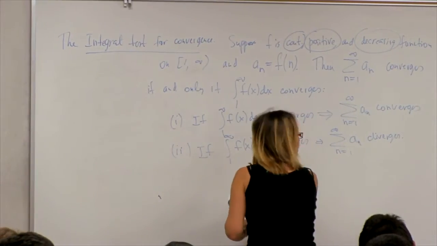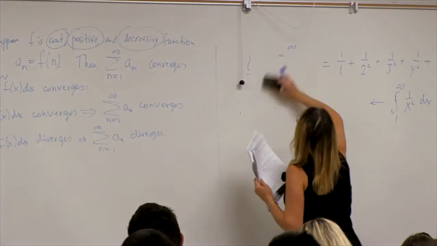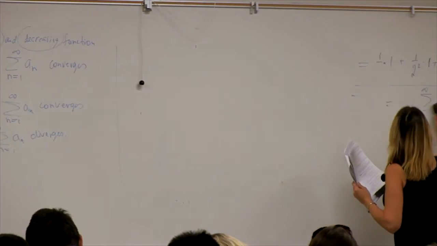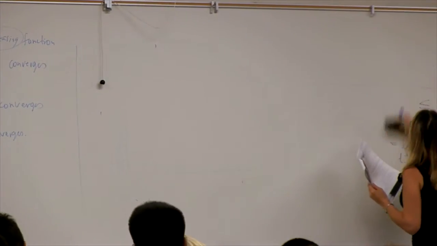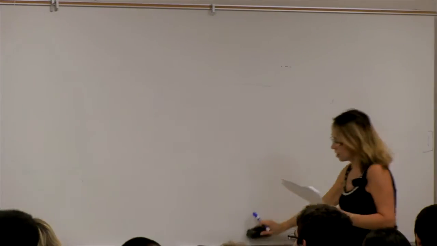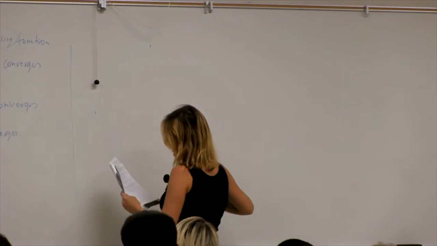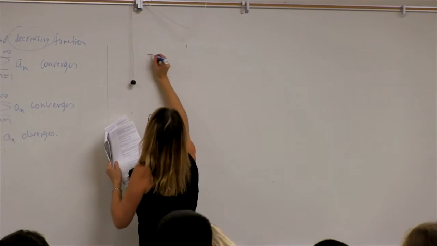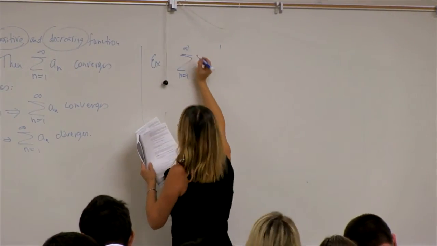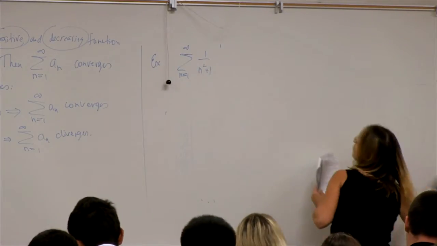So let's do some further examples. To use this test, we have to know that the function is positive and decreasing. So the first example is 1 over n squared plus 1.